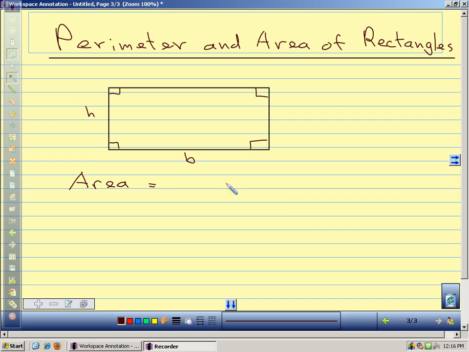Base times height. Doesn't matter which side we call the base, doesn't matter which side we call the height. We just have to multiply the length of one side going this way by the length of one side going this way. And for this rectangle, we would say that's B times H. There is base times height.